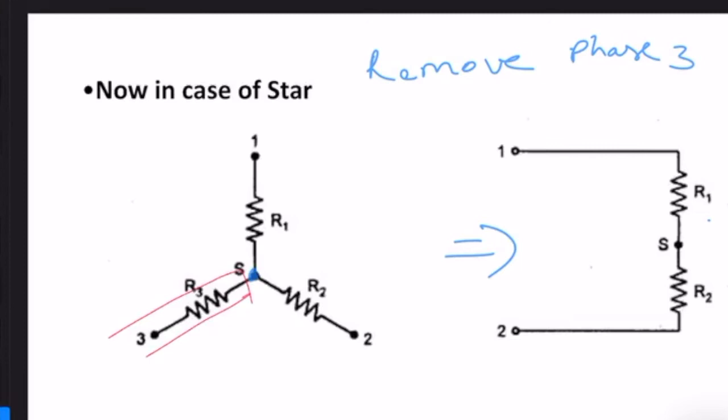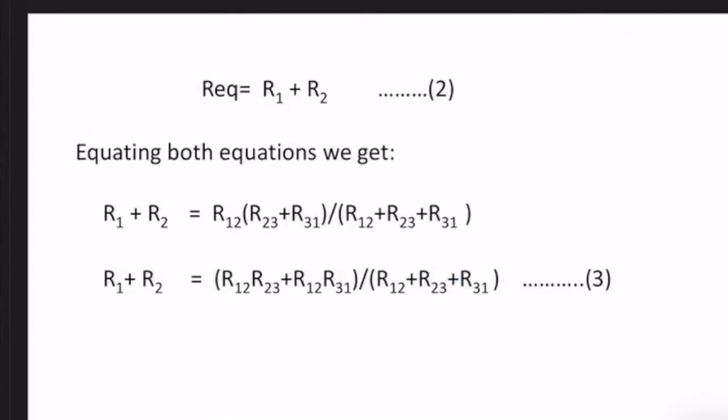So R equivalent for this circuit, R equivalent of phase 1 and phase 2, is equal to R1 plus R2. Okay, so this is your second final equation. We have named it second equation.